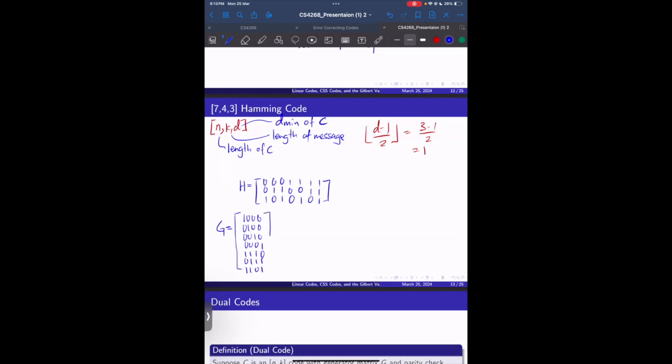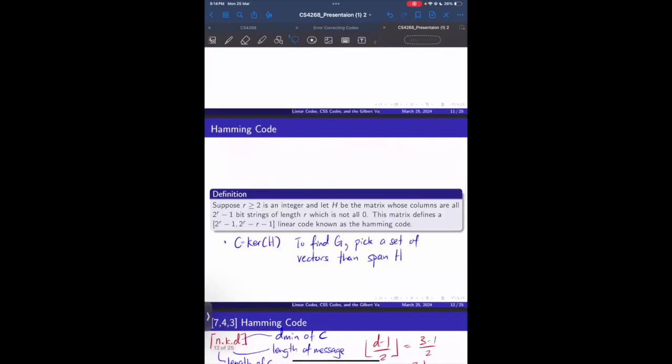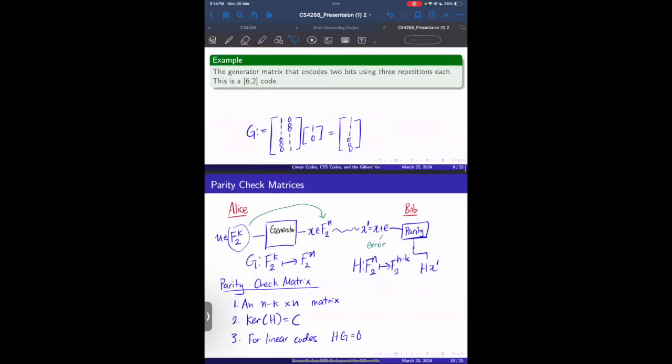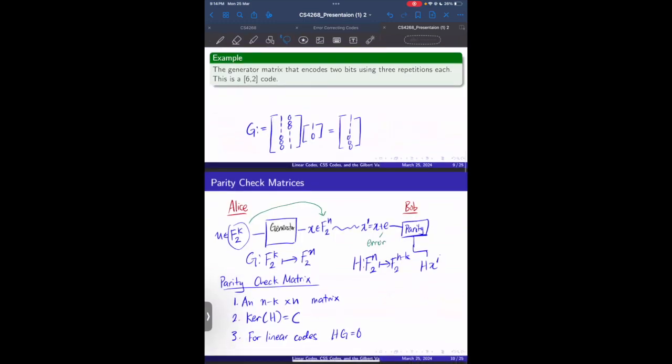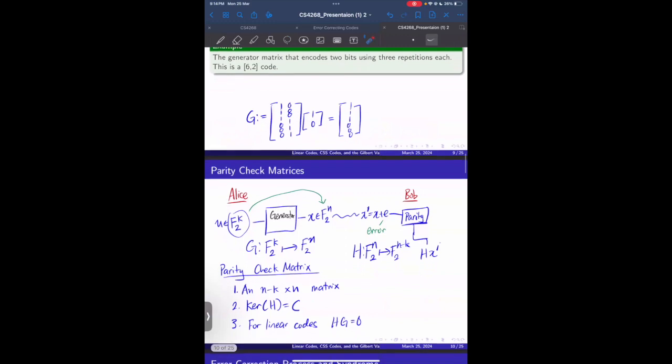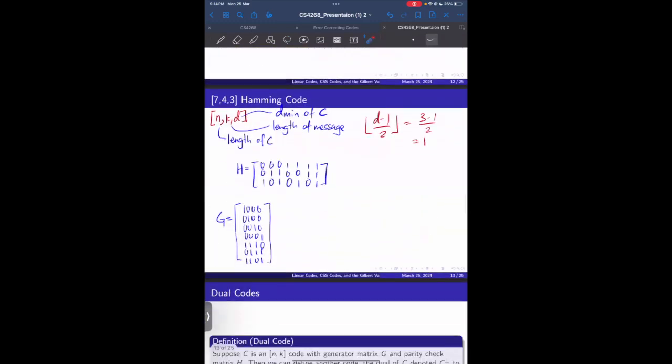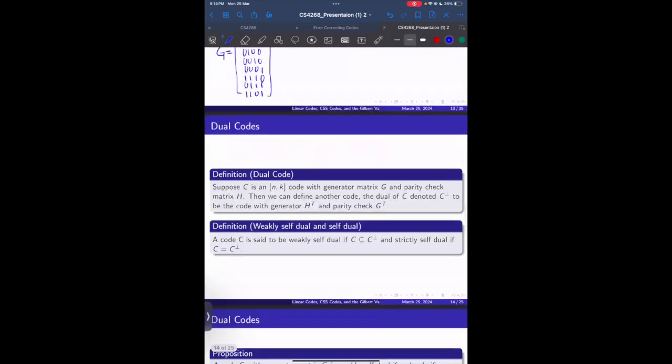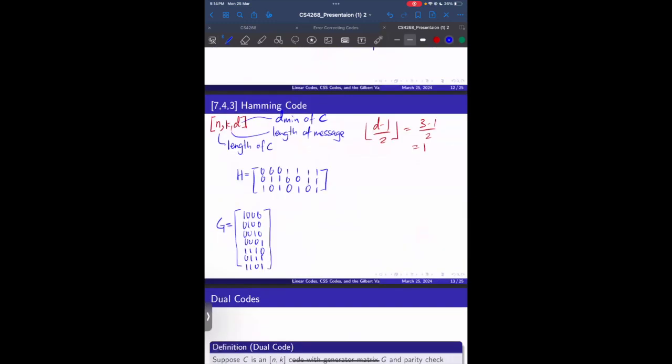Now, let's try to see an example of how this whole process works, right? So at first, remember, we have some U. We have some U, then we want to apply G on U to get X, right? So let's do that. Let's say for example, U is 1101, right?